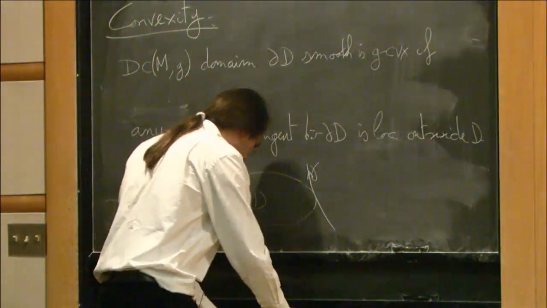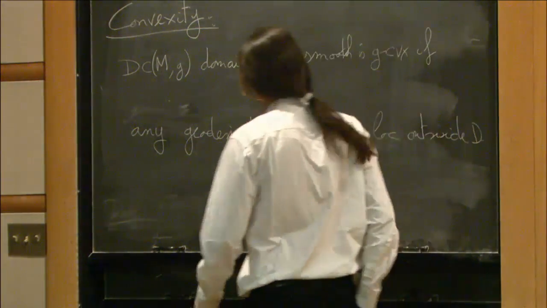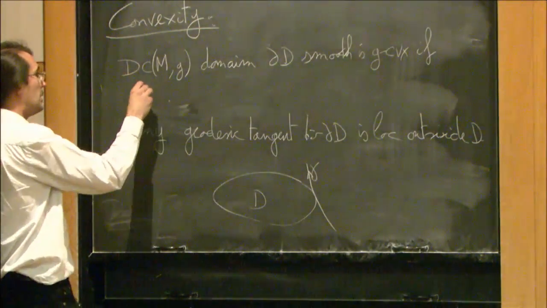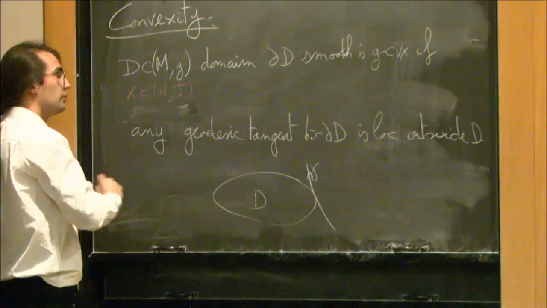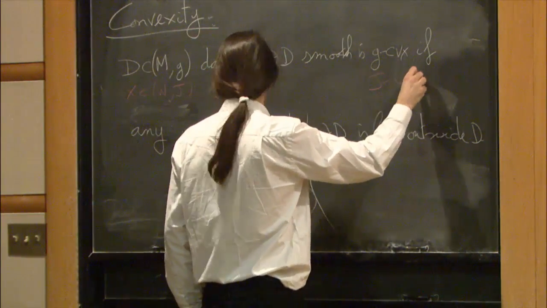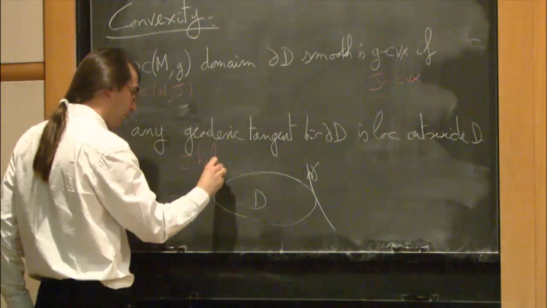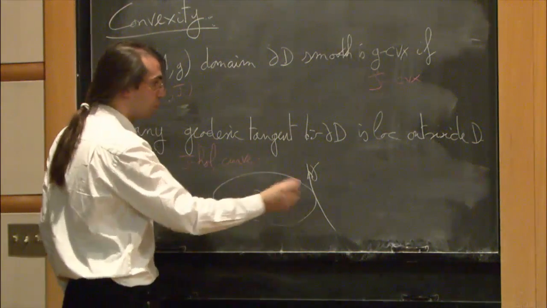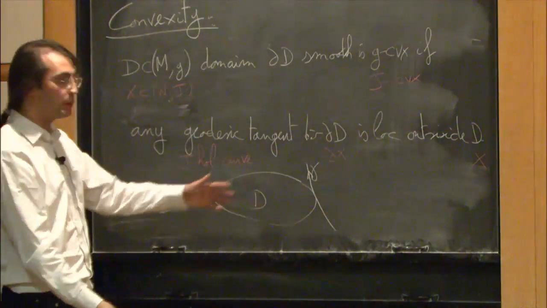And now the magic is I can change color and define J convexity. So now I've got a domain X inside a complex manifold or almost complex manifold with smooth boundary. It is J convex if any J-holomorphic curve tangent to the boundary of X is locally outside X. And of course the picture is the same.